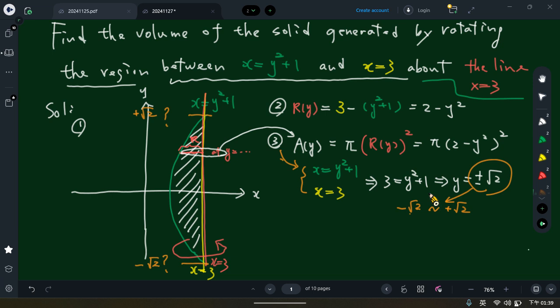So right now we already have all the elements. We have the disk size, and we also know the start point and end point. Then we can put these together to form the integral.